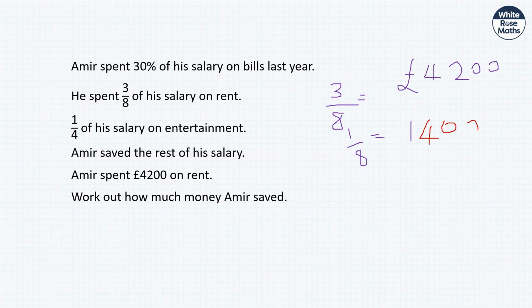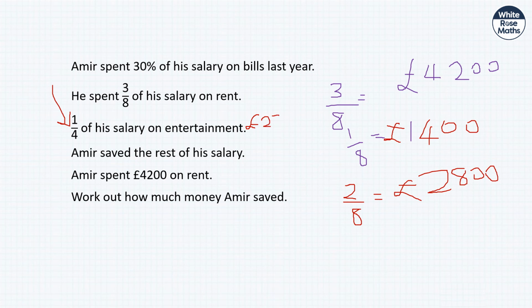Now that we know how much 1/8 is, 1/4 is the same as saying 2/8. So he spent this amount of money on entertainment, and this amount of money on his rent.